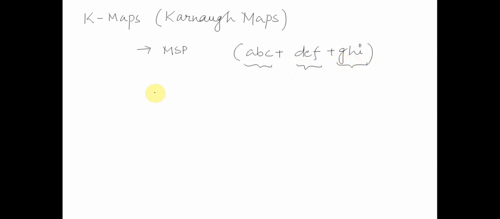Basically, the aim is to achieve two levels of minimization. And how do we do that? Via using K-maps, which can help us reduce the number of literals in every term and the number of product terms.